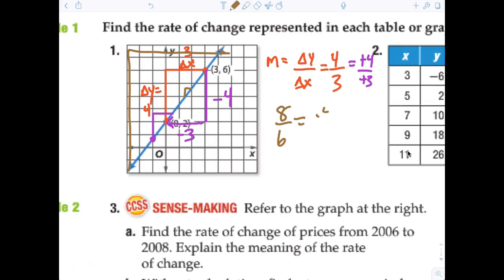It might be 0.4 over 0.3, which is still 4 over 3. It doesn't matter what 2 numbers I select, the rate of change for a line is always the same. It doesn't matter what 2 points you pick. Is everybody good on that?